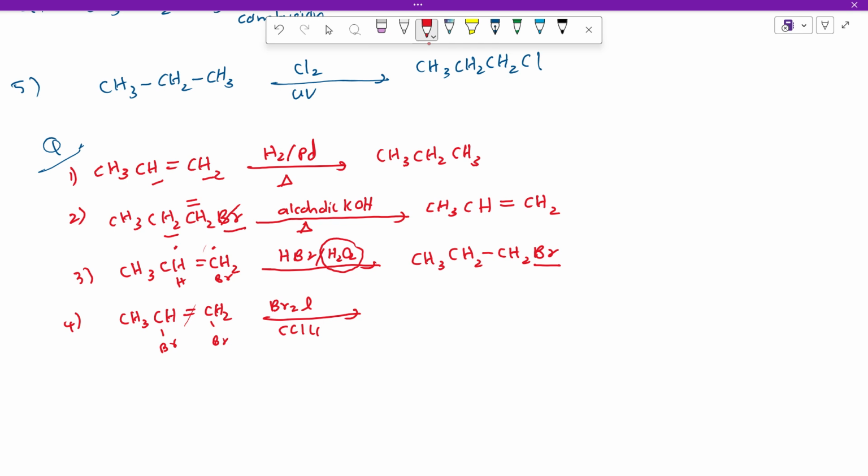CH3, CH, CH2 becomes CH3, CHBr and CH2Br. 2 Brs were added. So this is the methodology that we must be able to follow when doing organic conversions. With immense practice, these conversions would be really simple.